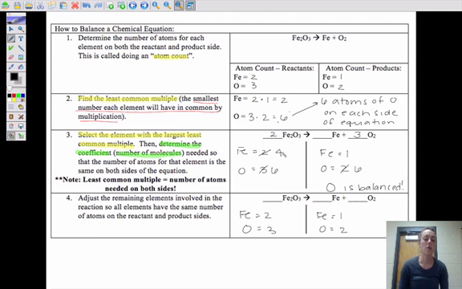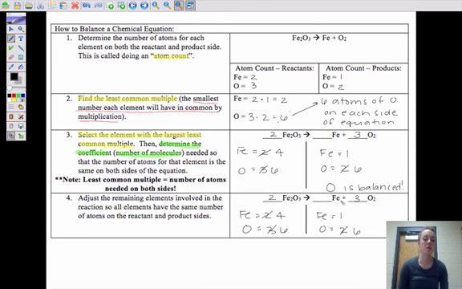Alright, so I'm going to pull down what I have here. So I already said I had 2 molecules of Fe2O3 and 3 molecules of O2, and I'm also going to adjust my atom counts for what I already have. So it should match what we have up there right now. So oxygen is already balanced, so now we need to balance iron. So if I have 4 atoms of iron on the left, that means I need 4 atoms of iron on the right.